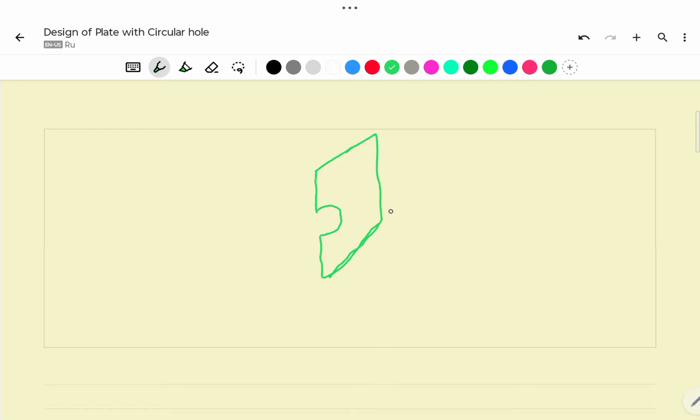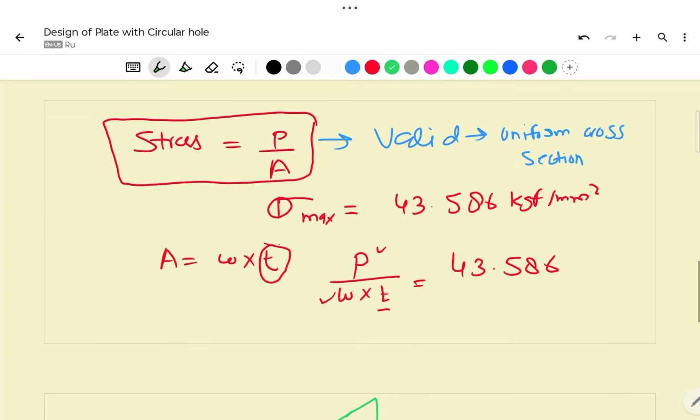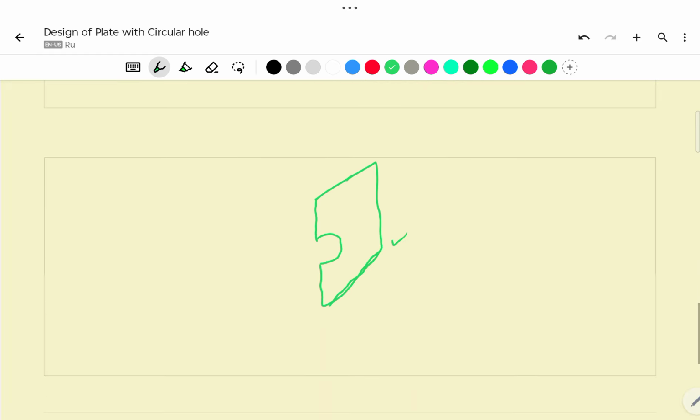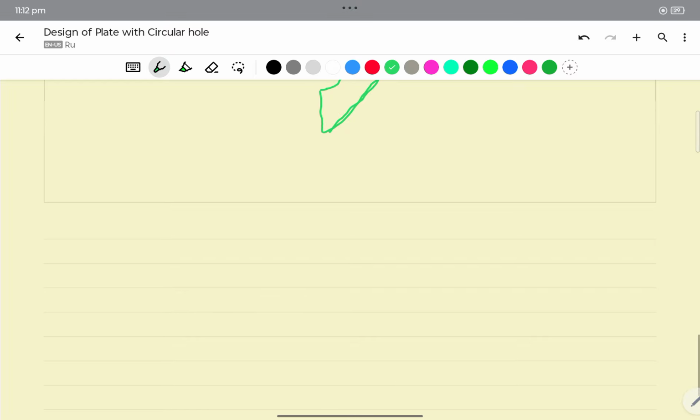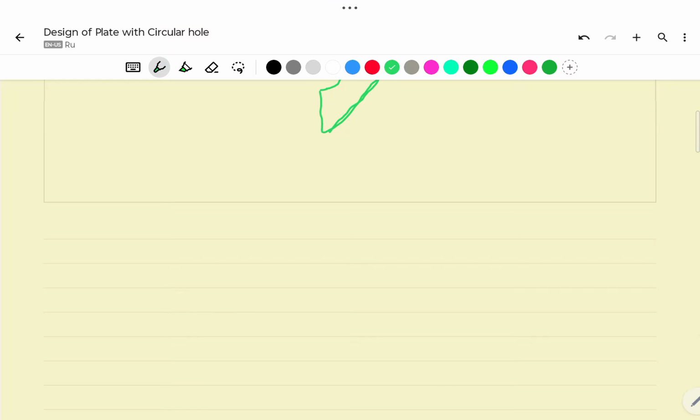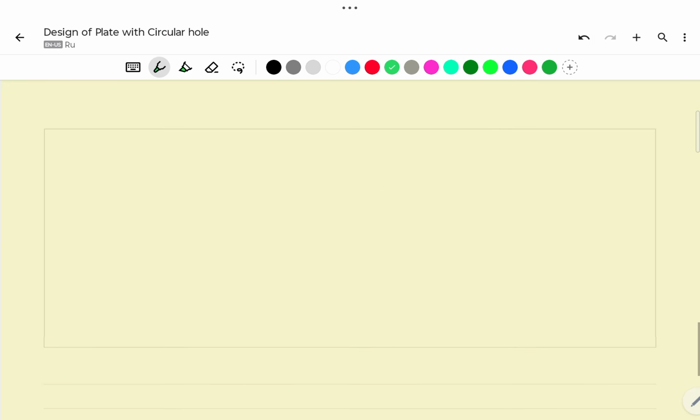At the end it is uniform, but there is a non-uniform cross section, so the formula P by A is not valid. So here the idea of stress concentration will come up.